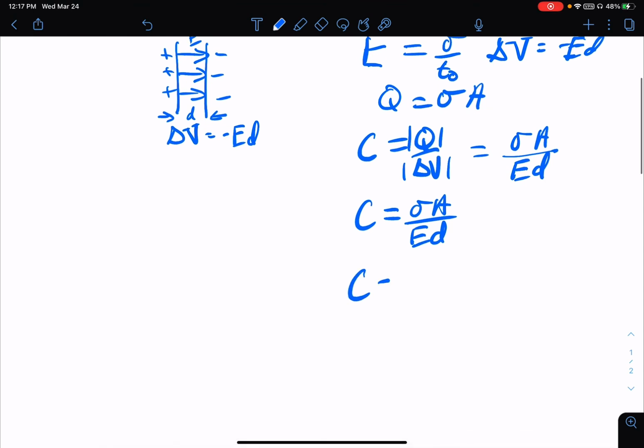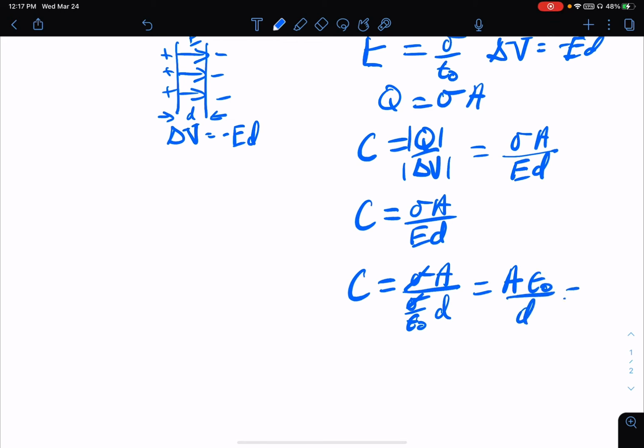So watch what happens now. I have sigma A divided by sigma over epsilon naught times D. The sigmas cancel. The epsilon naught ends up in the numerator. So we're left with the area times epsilon naught divided by D is the capacitance of a parallel plate capacitor.